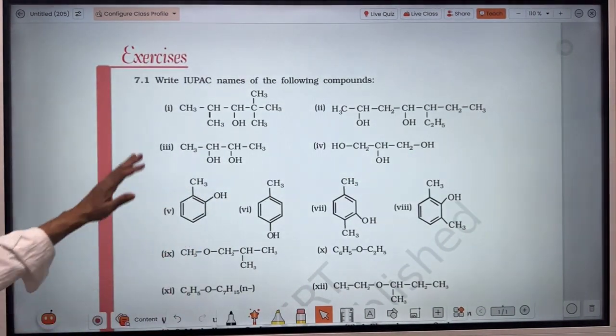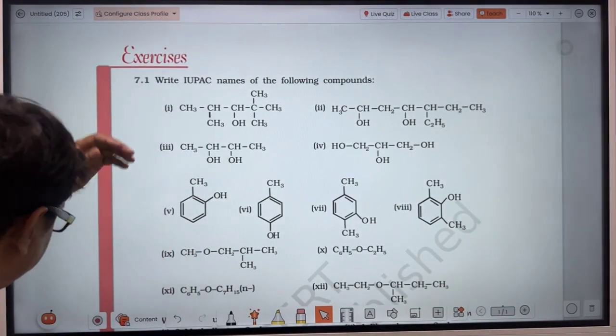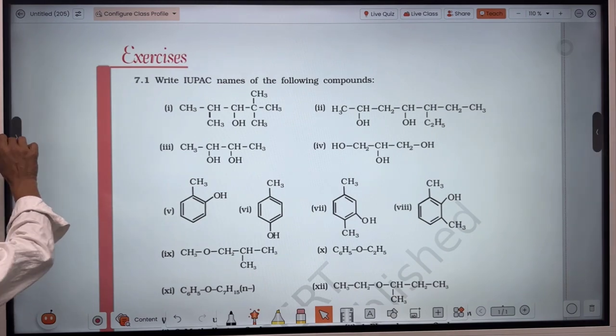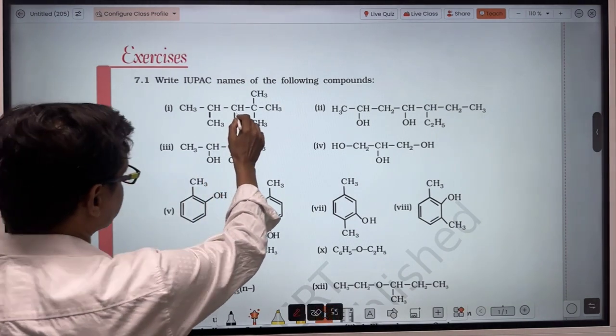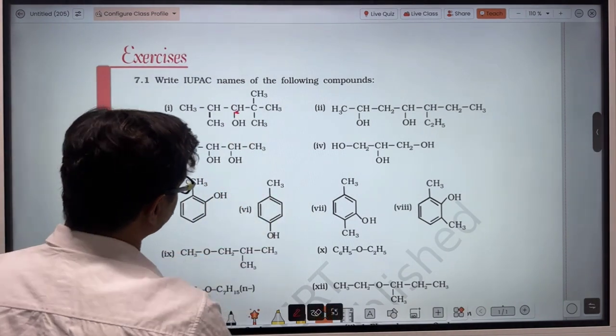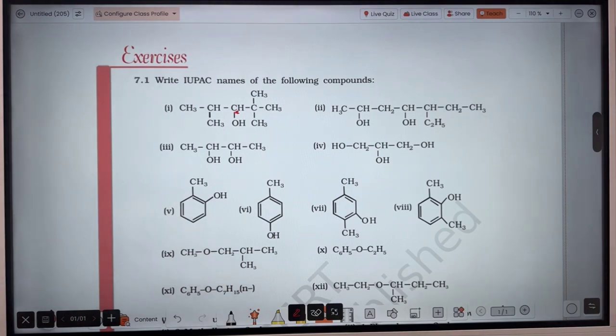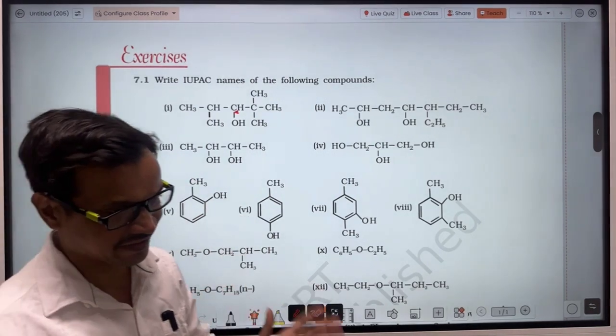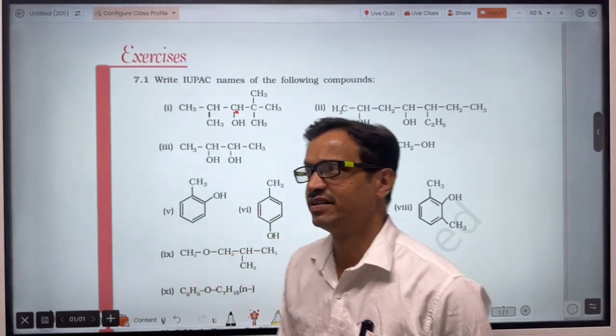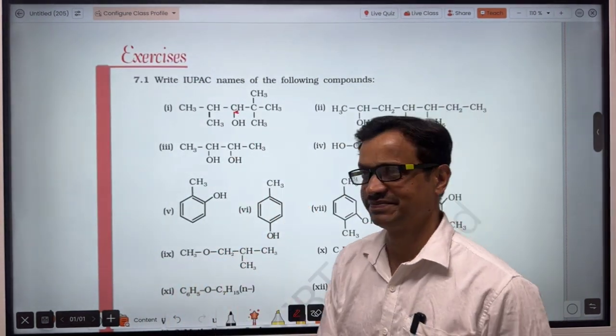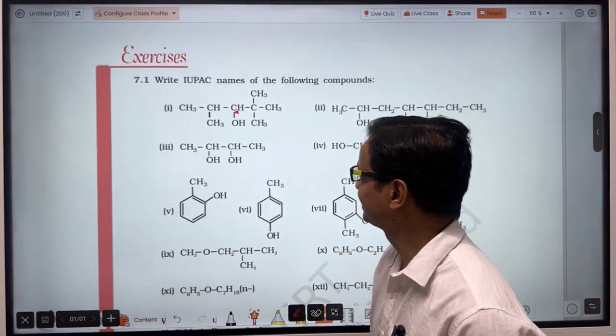So let's see here. In this compound, consider that the OH functional group is at this carbon. So this carbon must be included in the main chain. So you will have to select that carbon chain which includes this carbon atom. Let's see then.